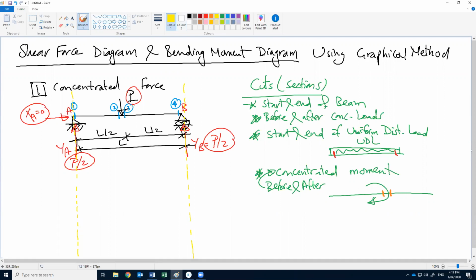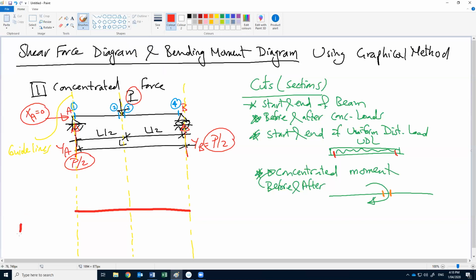Here 2 and 3 are at the same point, just after and before the force, so we have only one guide here at the mid span. Okay, we can call these yellow lines guide lines. The second thing after the guidelines, we will have a datum.